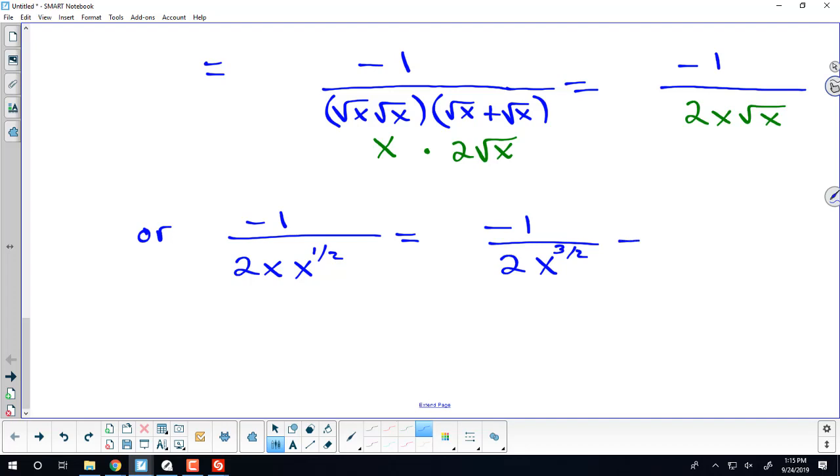You can say that's negative 1/2 times x to the negative 3/2. How you represent this from this step to any one of those three is sort of irrelevant. I'm really not looking for a particular representation, especially with this problem, because the goal is to find the derivative at the given a value.